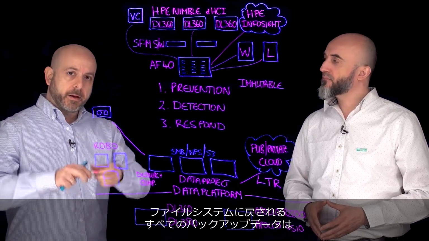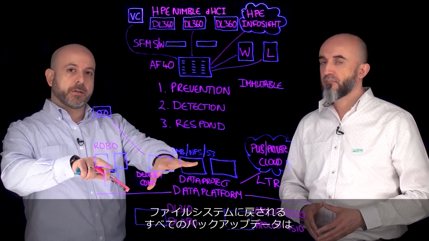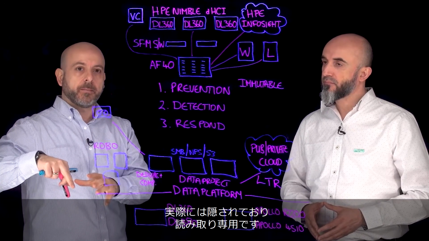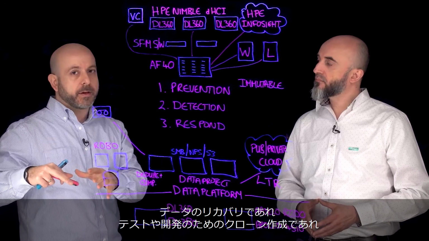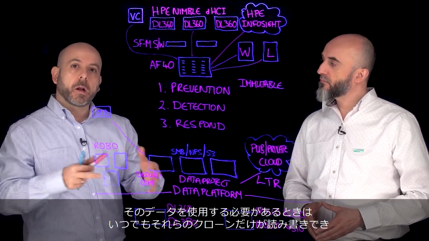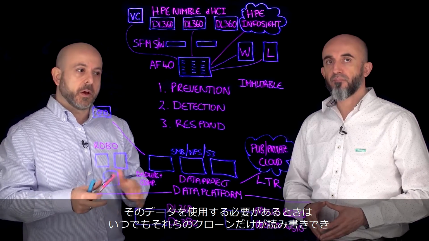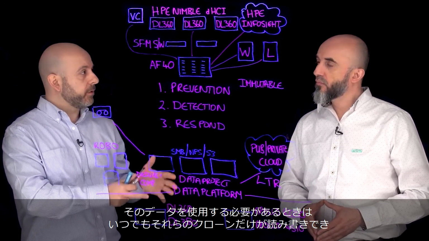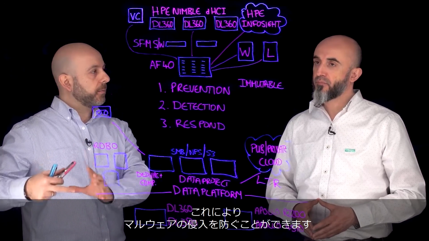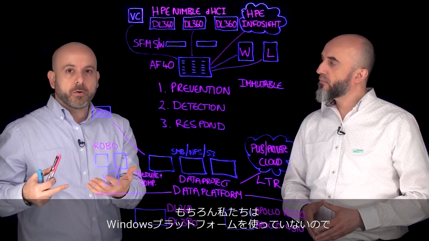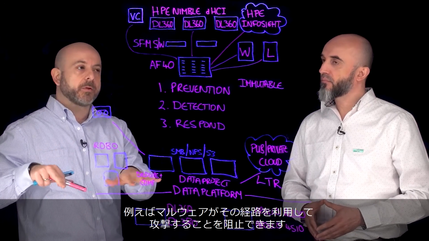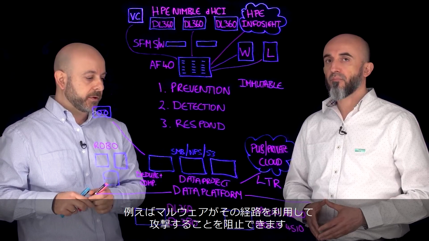All the backup data that's written to our file system, we hide, and it's marked as read-only. Anytime we need to use that data, whether it's for recovering data or even making clones for test dev purposes, only those clones are read-writable. Everything else is always hidden away. So this stops the malware, and obviously we're not on a Windows platform, for example, so that stops malware from being able to use that vector as an attack.